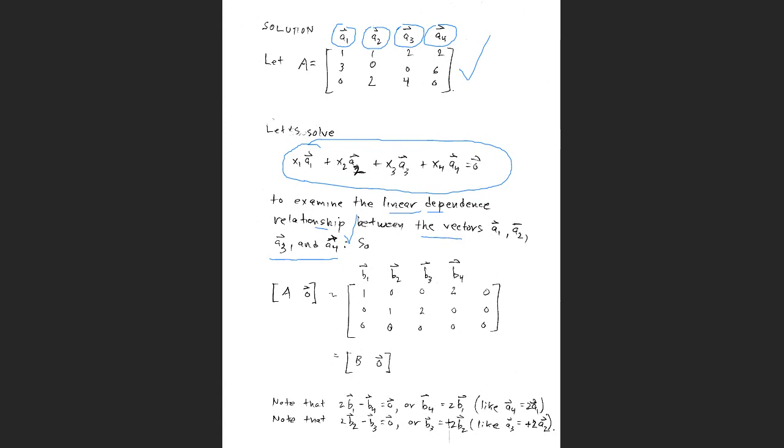All right, so the reason I'm interested in this vector equation, x1 times a1 plus x2 times a2 plus x3 times a3 plus x4 times a4 equals the zero vector, is that the linear dependence relationship between the four vectors can be established based on this vector equation, where the weights are x1, x2, x3, and x4, because that comes from the definition of determining if vectors are linearly independent or dependent.